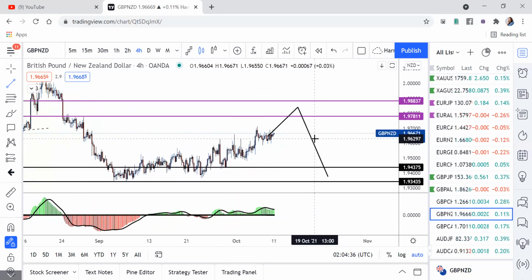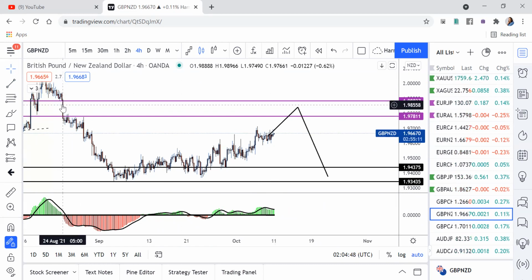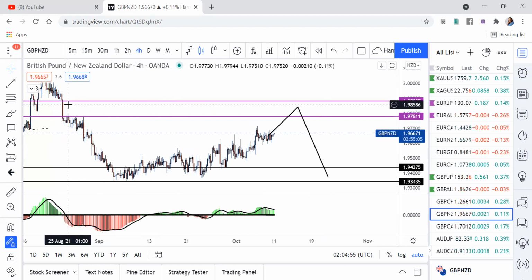My view on GBP NZD from last week and the week before and the week before that doesn't change. Everybody can see we're still consolidating, basically heading up to this area of imbalance. Here is your imbalance candle. I'm not doing anything with it until it gets into my area of imbalance.